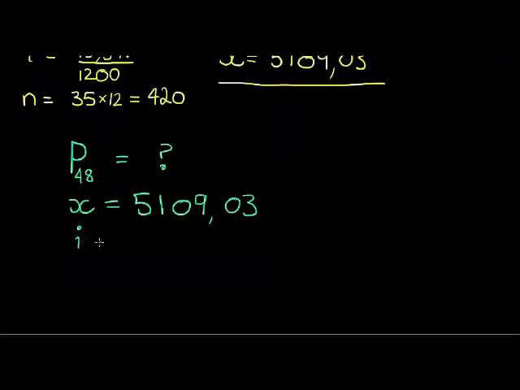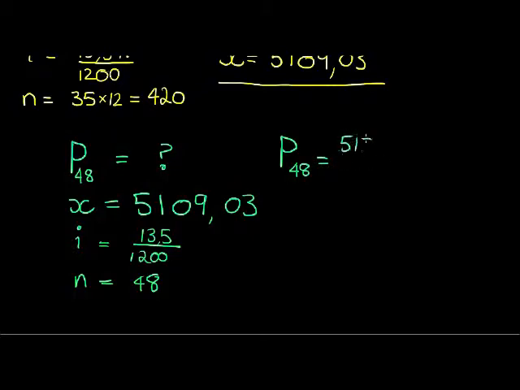The interest hasn't changed. It still stays 13.5 over 1200. And neither has the number of payments left changed, or rather, this time the number of payments that are left is now 48. So what is the amount when 48 payments are still remaining?